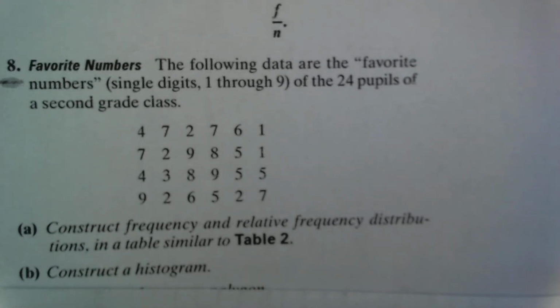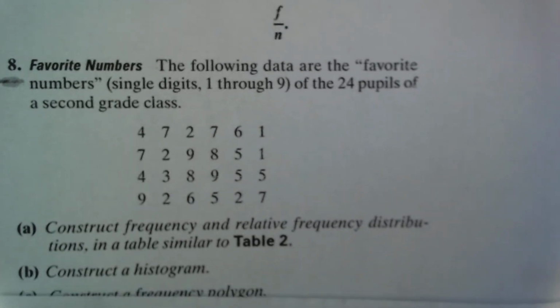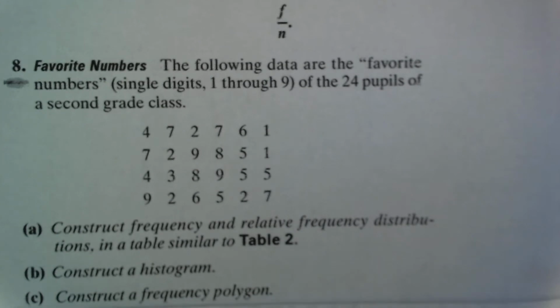So here are all the numbers listed: 4, 7, 2, 7, 6, 1, etc. And because there are 9 numbers and there are 24 students or pupils, some numbers will definitely repeat.